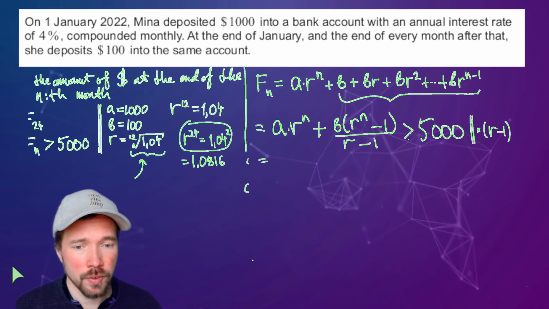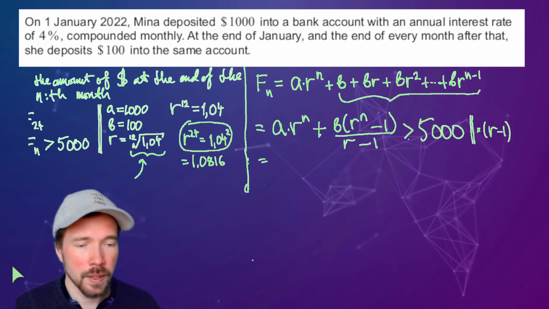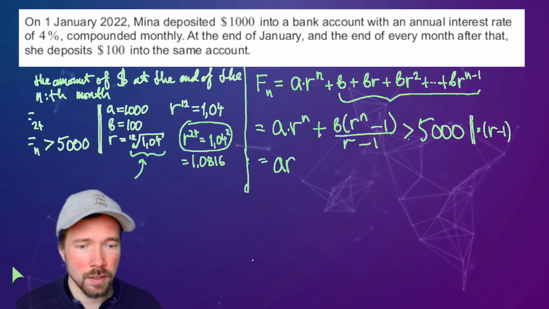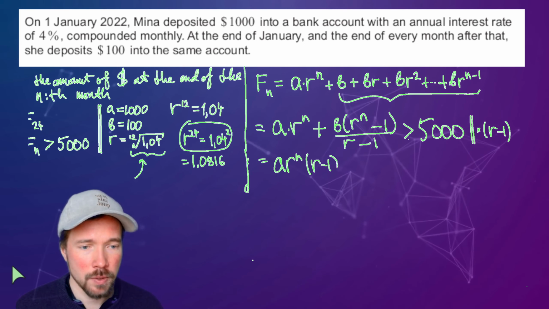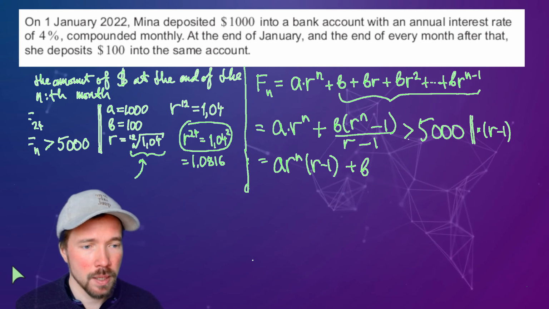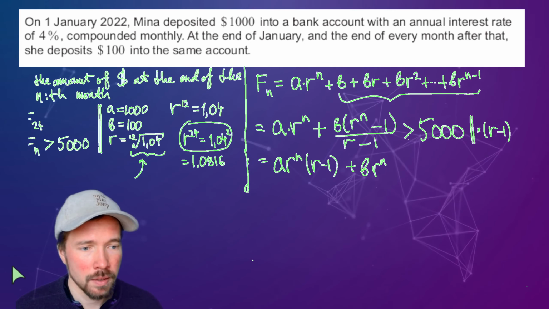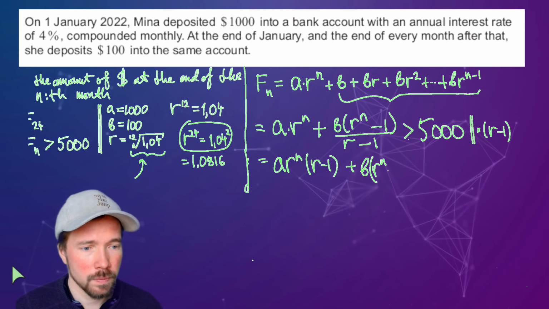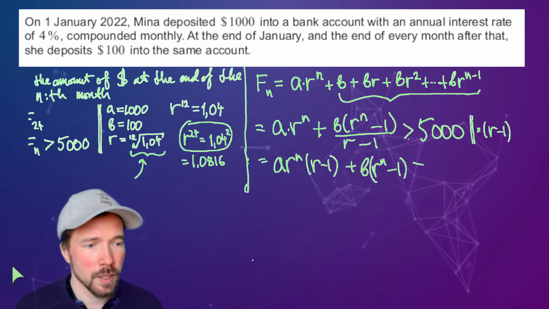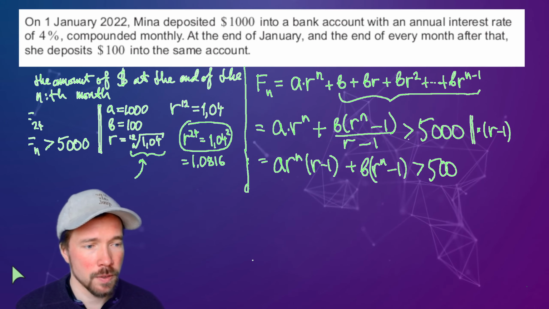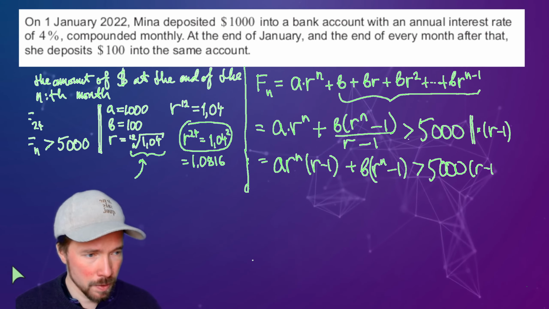We have a r to the power n times r minus 1 plus b, r to the power n minus 1, is greater than 5,000 times r minus 1.